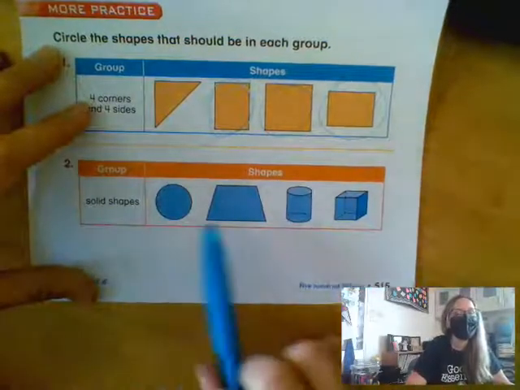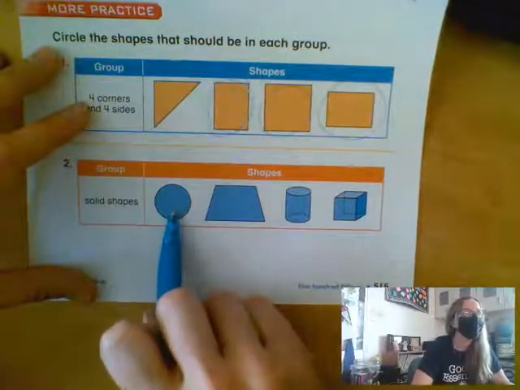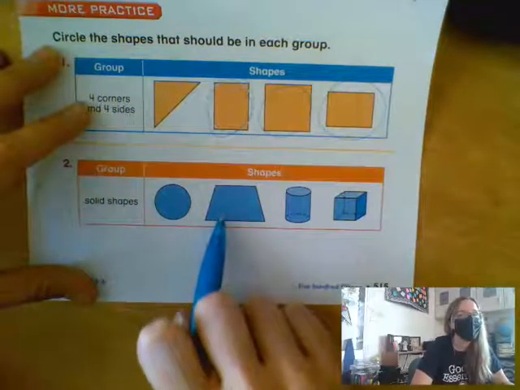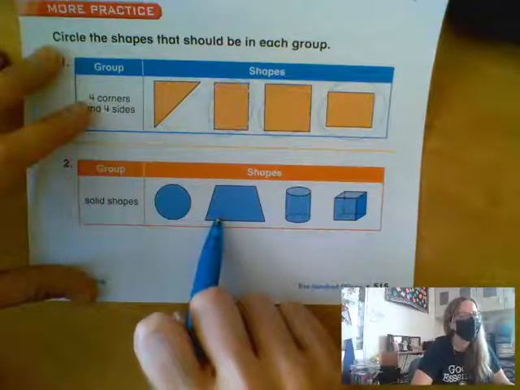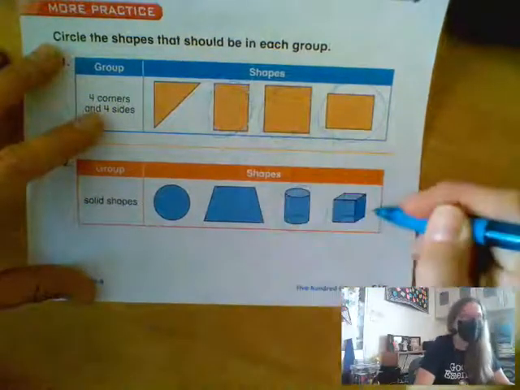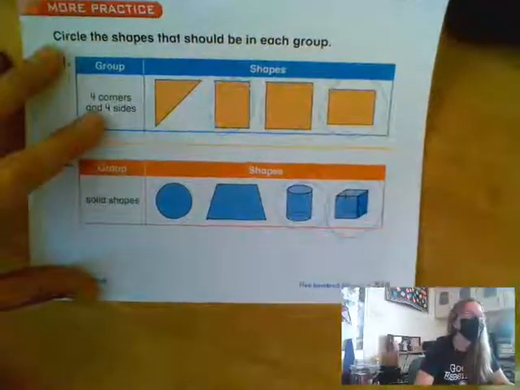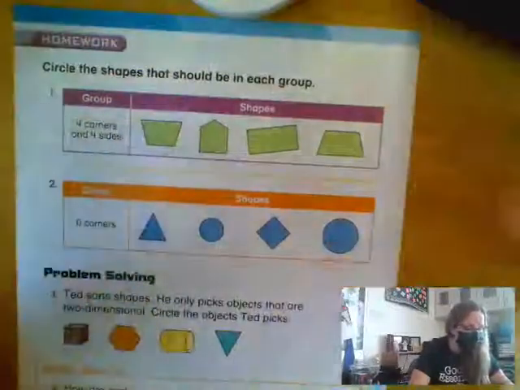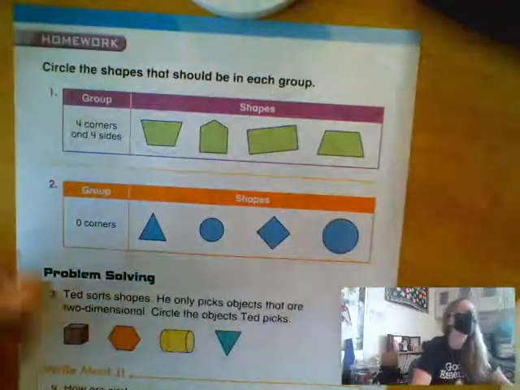Beckett, solid shapes. Yes or no? Yes. Yes, our 3D are our solid shapes. Good job. And on the back page, friends, it says 4 corners and 4 sides.